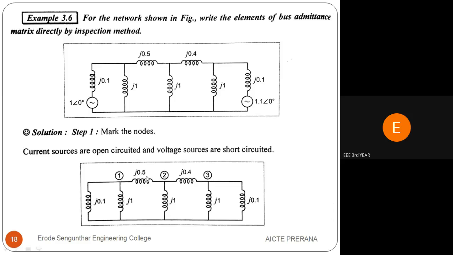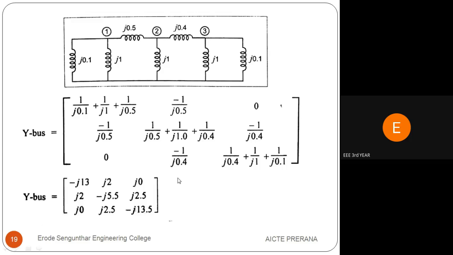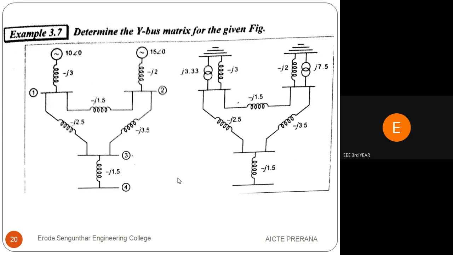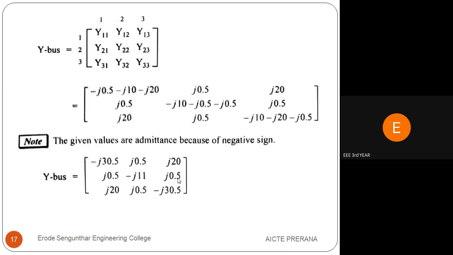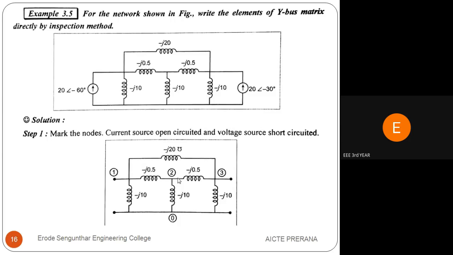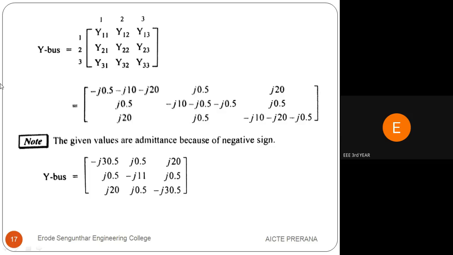That is j0.5 plus j1 plus j0.4. These three elements should be added. So we will get minus j10, minus j0.5, minus j0.5.